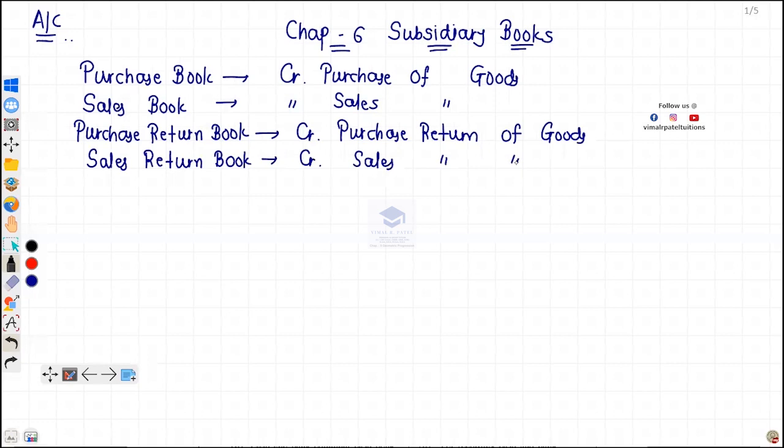Then when you are dealing in multiple type of goods, like a grain merchant who is dealing in wheat, pulses, so according to different type of product or goods which you are selling or purchasing, different column related to different item will be maintained, and then total column. Then subsidiary books with different column of expenses. Expenses incurred at the time of purchase or sales, like freight, wages, GST, all this.